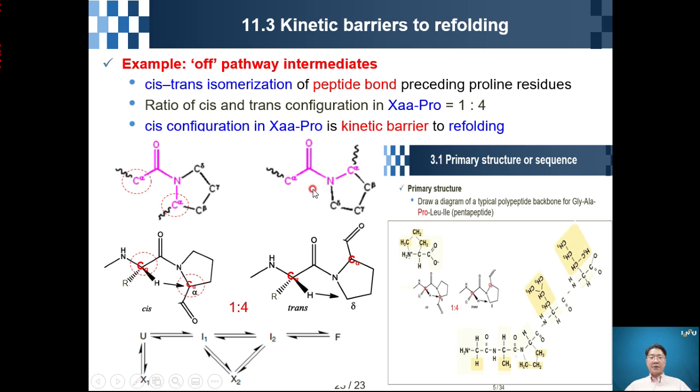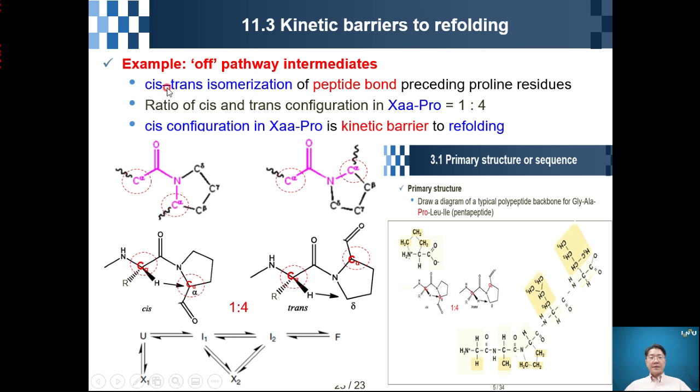However, this is another configuration. C alpha is located here, and the other C alpha is located on the other side. We call this a trans configuration.